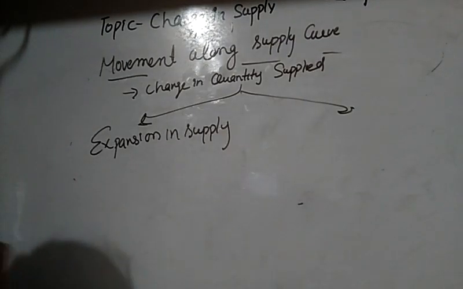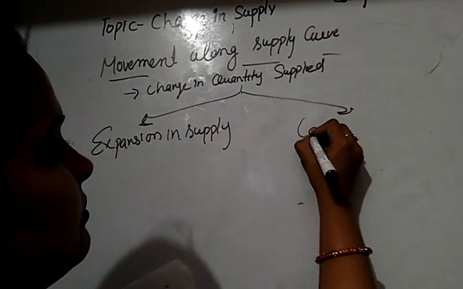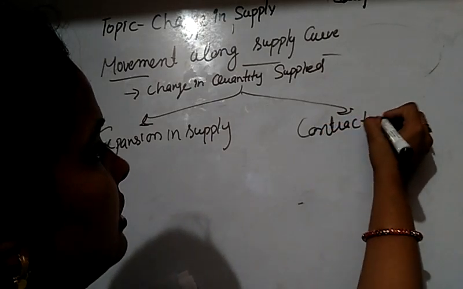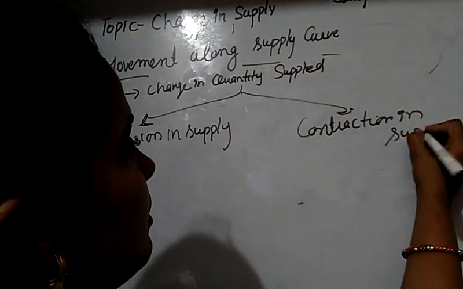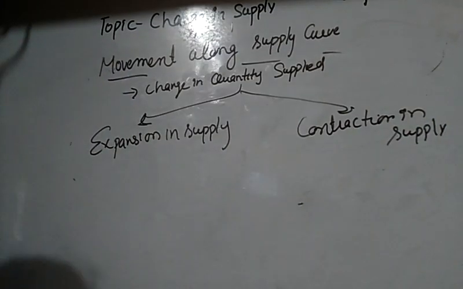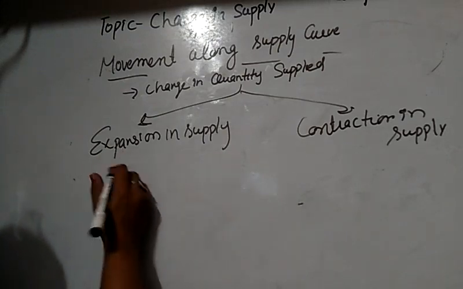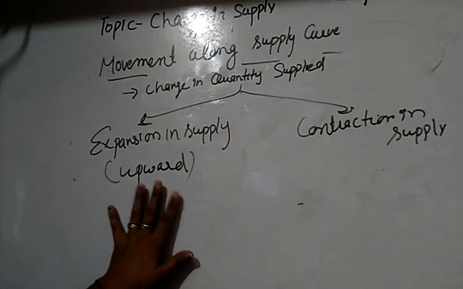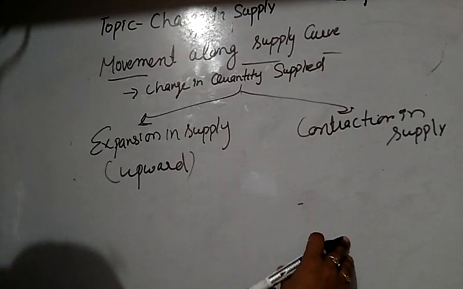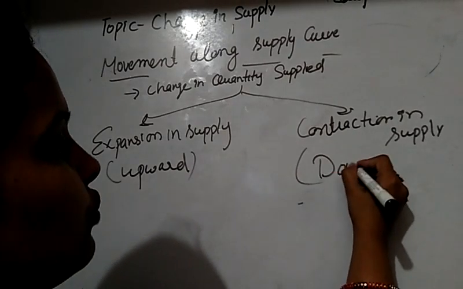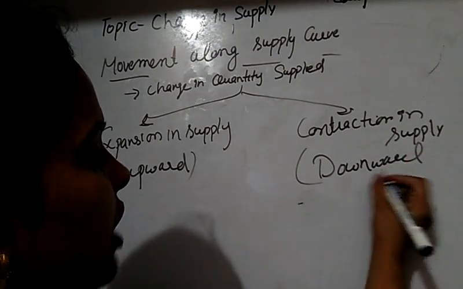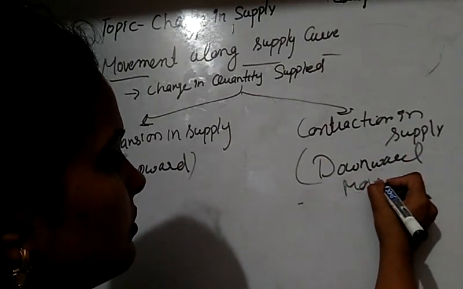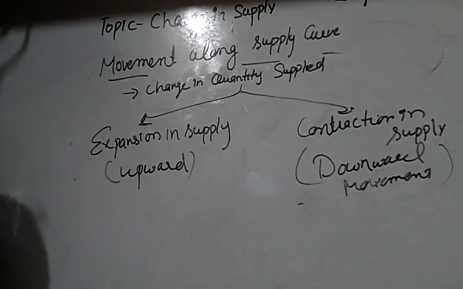Second is contraction in supply. Expansion in supply curve we also call upward movement of supply curve, and contraction in supply curve is called downward movement of supply curve.